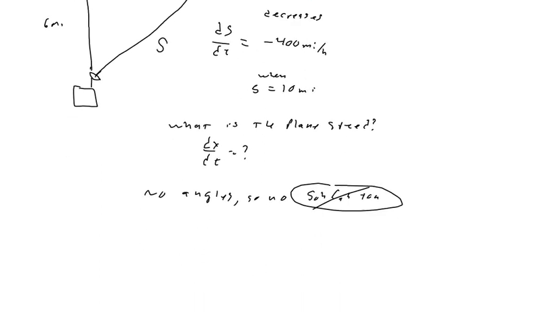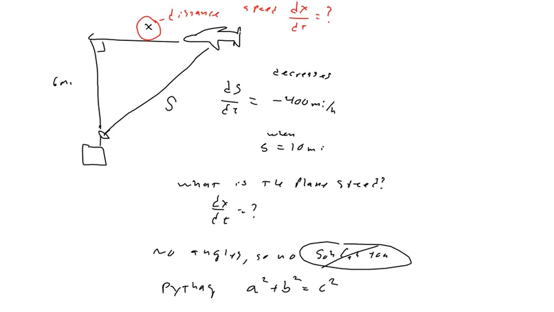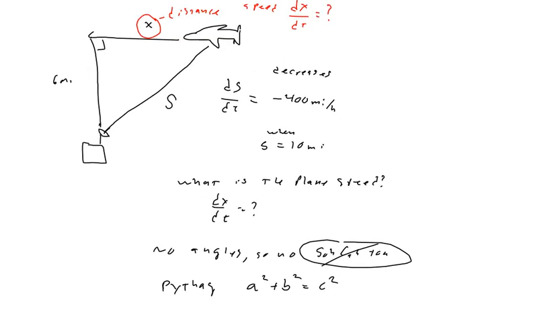The other thing we have is the Pythagorean theorem. Look at that: a squared plus b squared equals c squared. That's my formula I'm going to use in this situation. So I've got x squared plus 6 squared equals s squared.